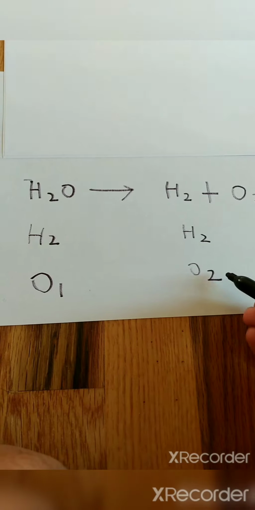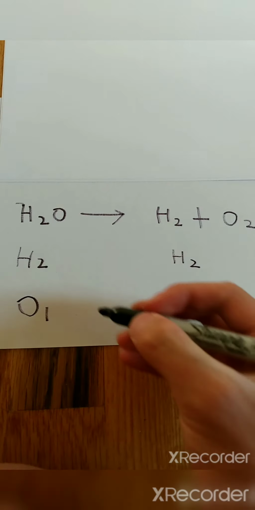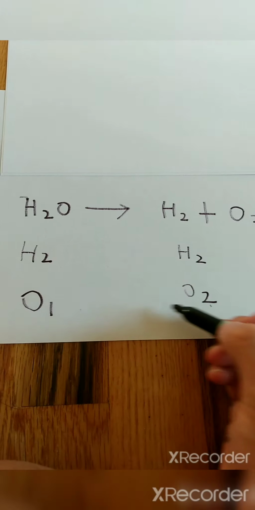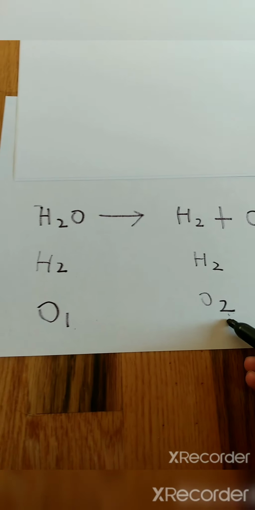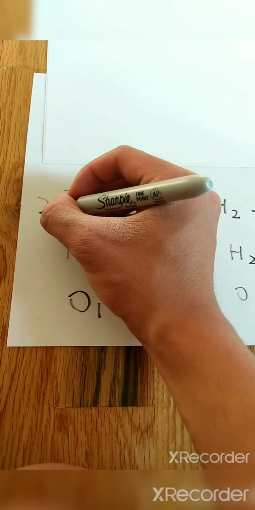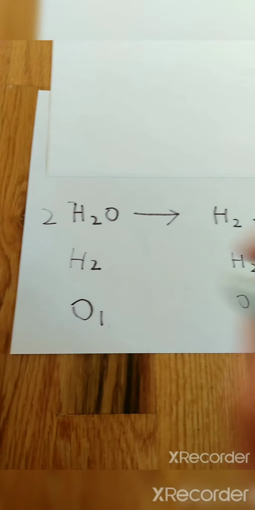So this oxygen and this oxygen are not balanced. What we can try to do is make oxygen have the same number of atoms. In order to get oxygen to have 2 atoms, we're going to put a coefficient, a 2, right in front of it.